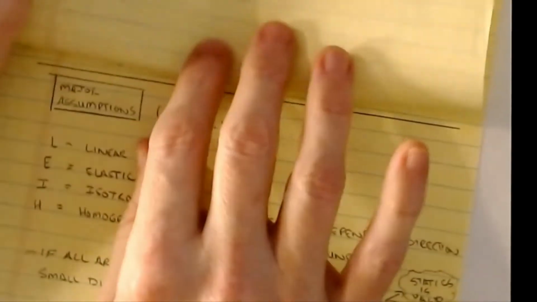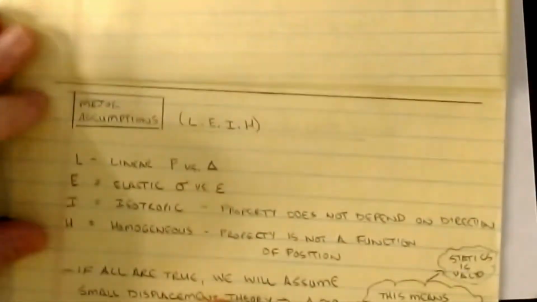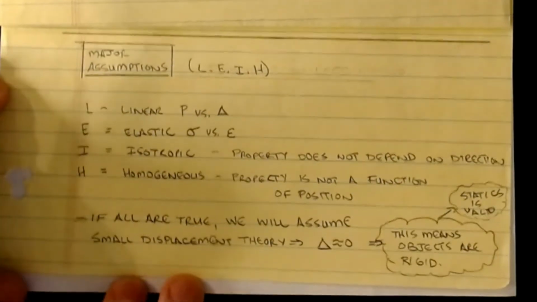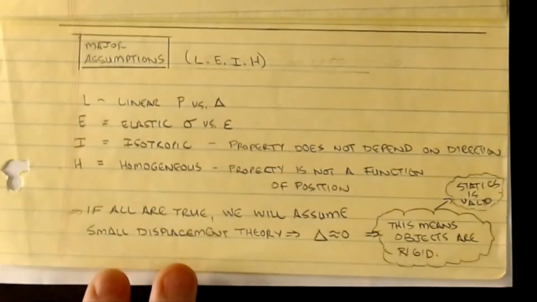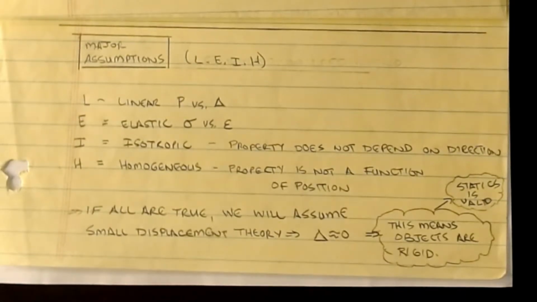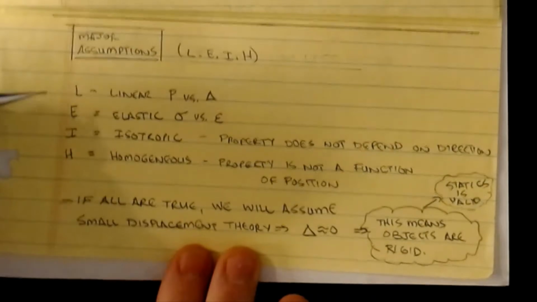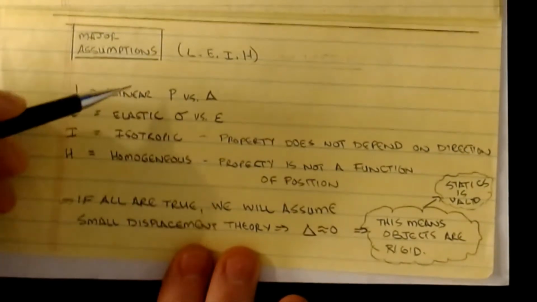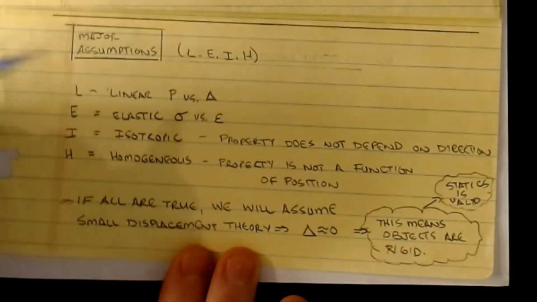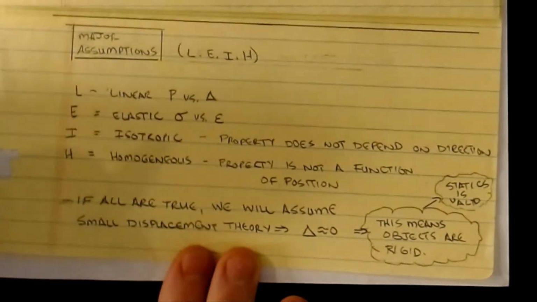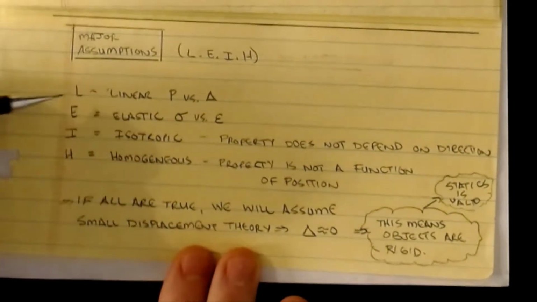Now, some of the major assumptions behind all of the equations that we're getting ready to do can be summarized by the acronym LEIH. The L stands for linear. I've explained that one: that's the P versus delta relationship, where if I double the load, I double the displacement, triple the load, triple the displacement, and so forth. It's a straight line graphic response.